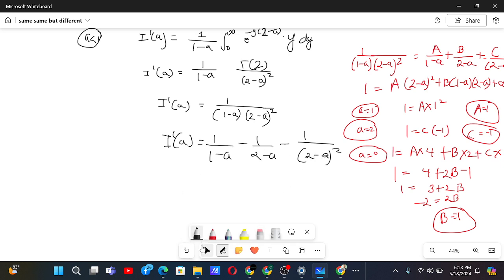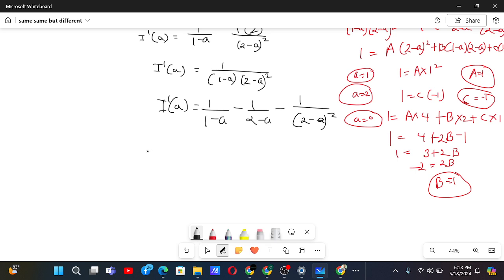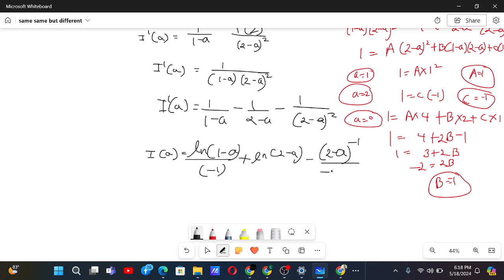Now if we take the integral, we will have I of a equals ln of 1 minus a by minus 1, and then plus ln of 2 minus a, and this will again be minus of 2 minus a to the power minus 1 by minus 1 times minus 1. Okay, good. And then we'll also have a constant over here.